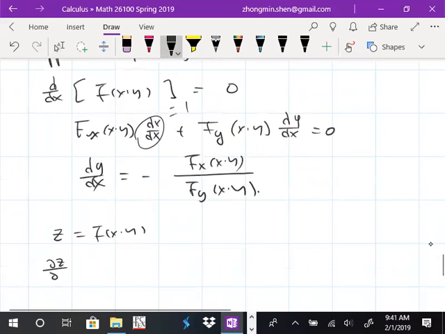If we want to differentiate with respect to x, then we take the partial derivative with respect to x and the partial derivative with respect to y.